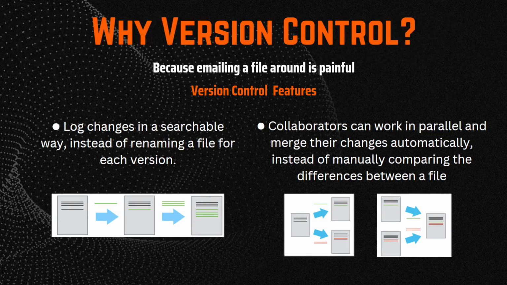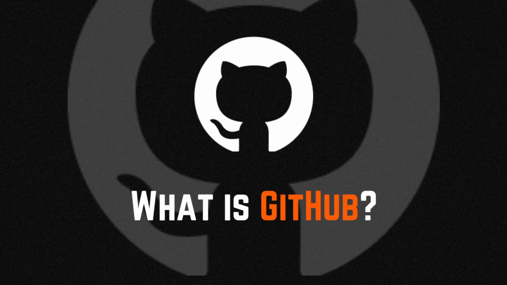And it's pretty easy to check the difference between file or many files as well. So that's why we need to use version control. We need organization and we need a straightforward solution for collaboration between many persons.